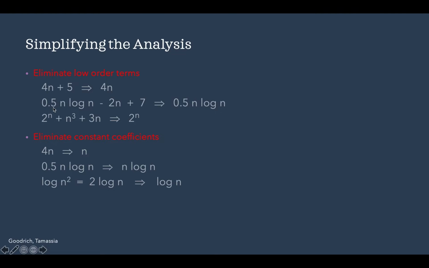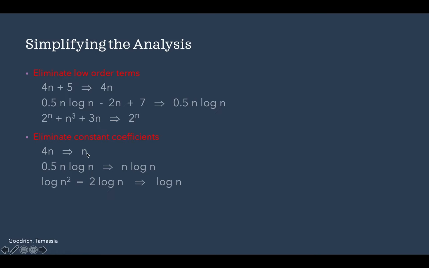Then 0.5 n log n minus 2n plus 7: these other terms become lower order terms, and 0.5 n log n is the maximum time consuming term. Then 2 power n plus n cube plus 3n: 2 power n has the faster growth rate, right? That is how you will find it.